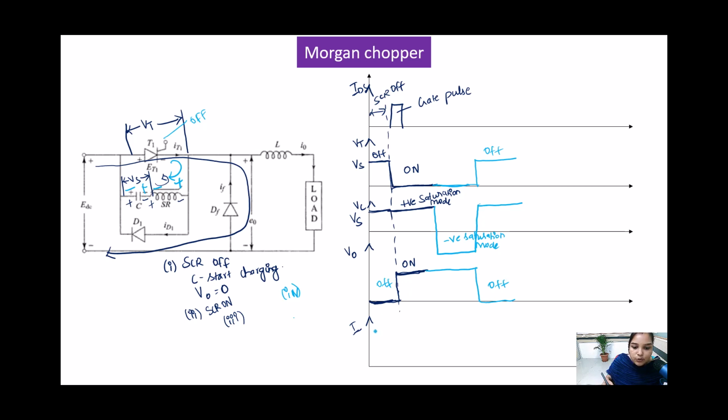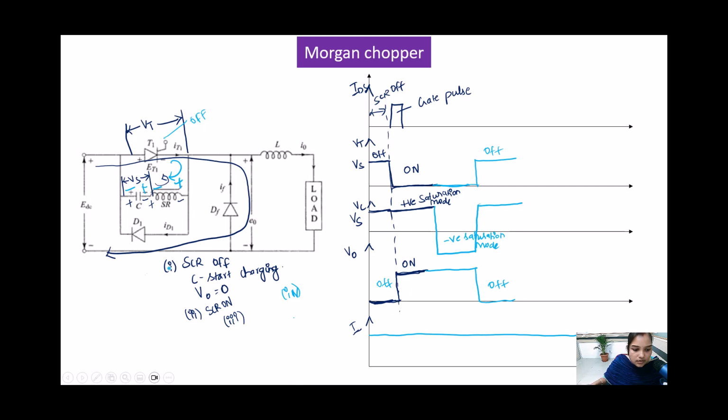So this is the explanation about this. And what will happen to the current? I am just considering the current as a constant here. You can see during this condition that the SCR is off, then the SCR is getting on, and again the SCR is off.